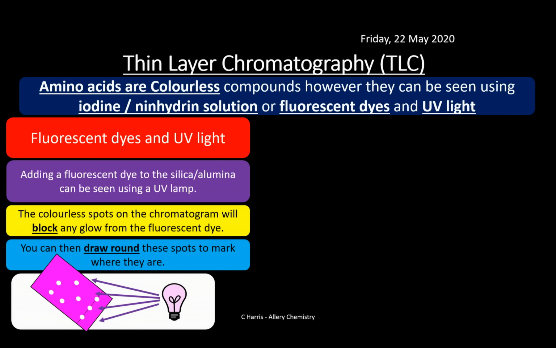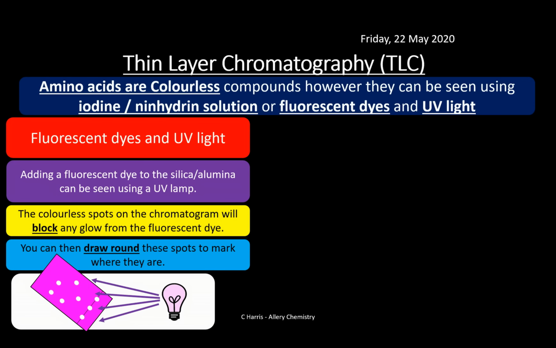We spray our chromatogram, and the whole chromatogram will be the color of the dye, and the spots underneath won't absorb any of that fluorescent dye. We shine a UV light on there, and we can see the spots that appear on our chromatogram. So these are our amino acid spots. That's one way in which we can do it.